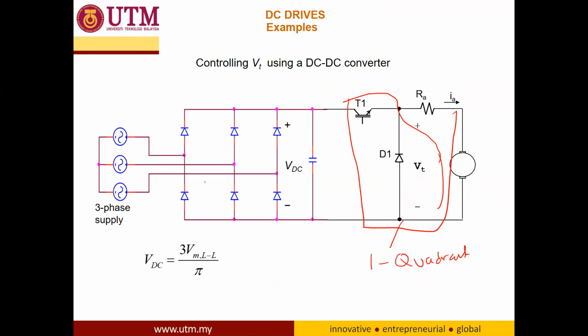As you can see, this is a 3-phase rectifier, and then we have a DC link. This one is your VDC, and this is your V armature.